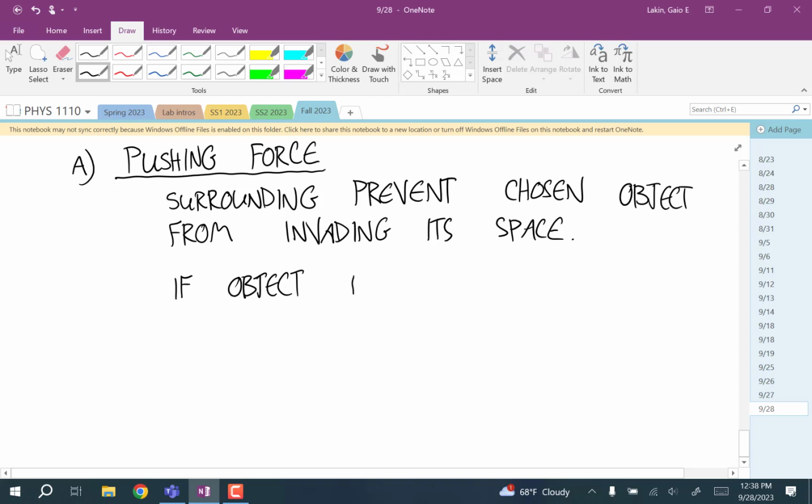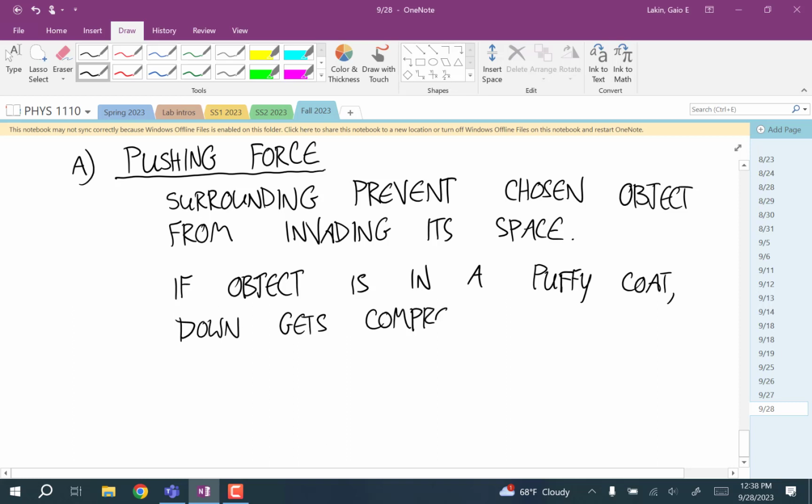So if the object is in a puffy coat, the down gets compressed. The difference when we get to pulling force, you don't have to write this down, is a pulling force would be like not me trying to run through the wall. It would be me trying to run away from the wall, and it's keeping me from getting away. Okay.